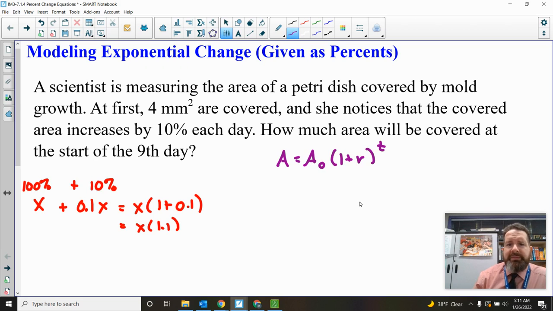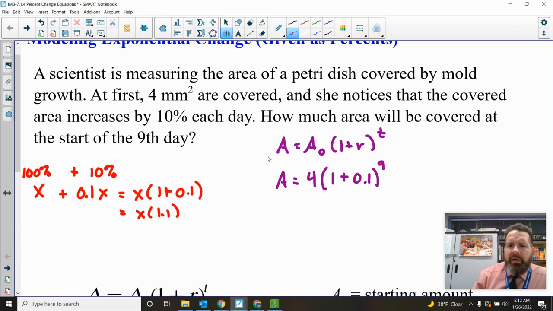And then we're going to put in our specifics. We're trying to find out how much we end with. So that I don't know yet. A0, that's sometimes called, or A0, is the amount we start with. We started with 4 square millimeters. Each day we add on 10%, so turn that into a decimal. And we're doing that for 9 days.